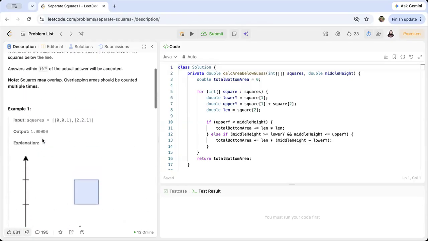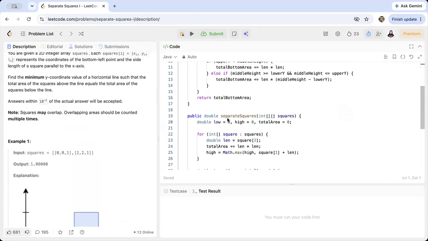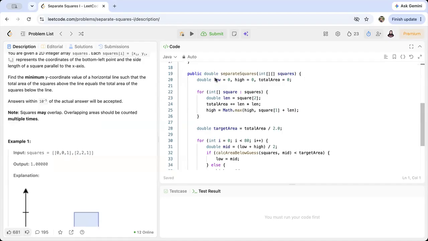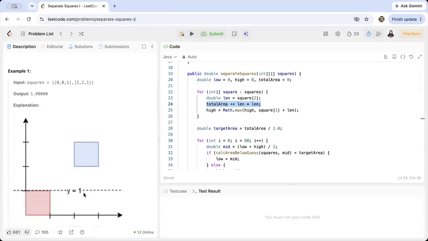And yeah. So basically what we've done here is we have some variables, which is like low, high, total area. So what are we doing here? We are basically calculating the total area of all of our squares in the search space.